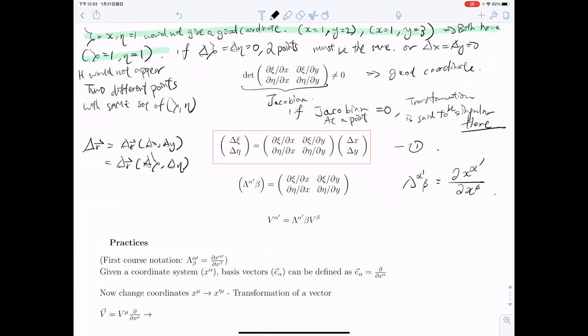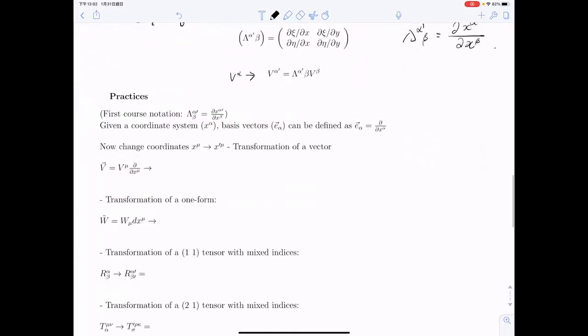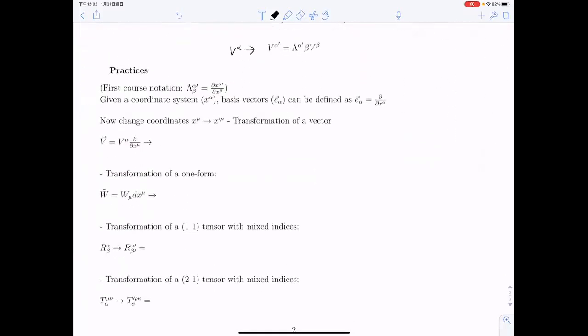We coordinate transform the components of the vector v, so v alpha changes to v alpha prime, equal to the coordinate transformation matrix times v beta.